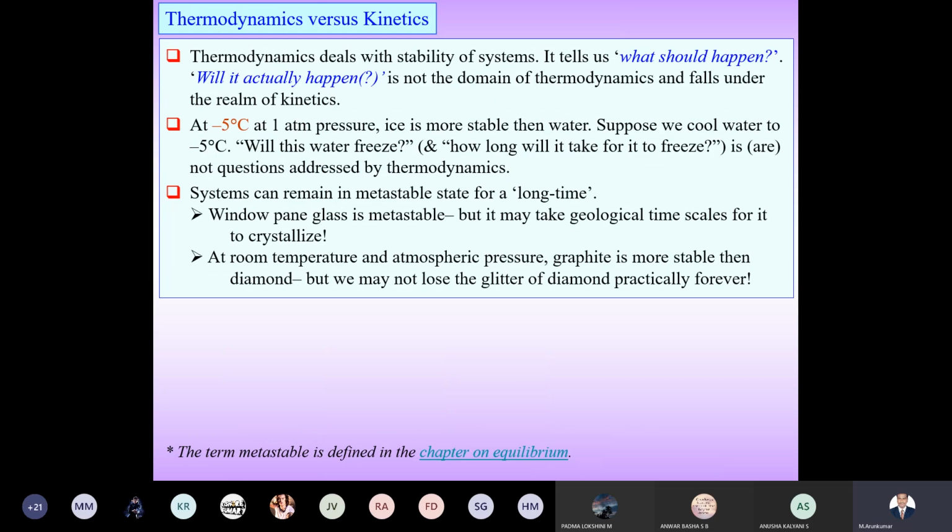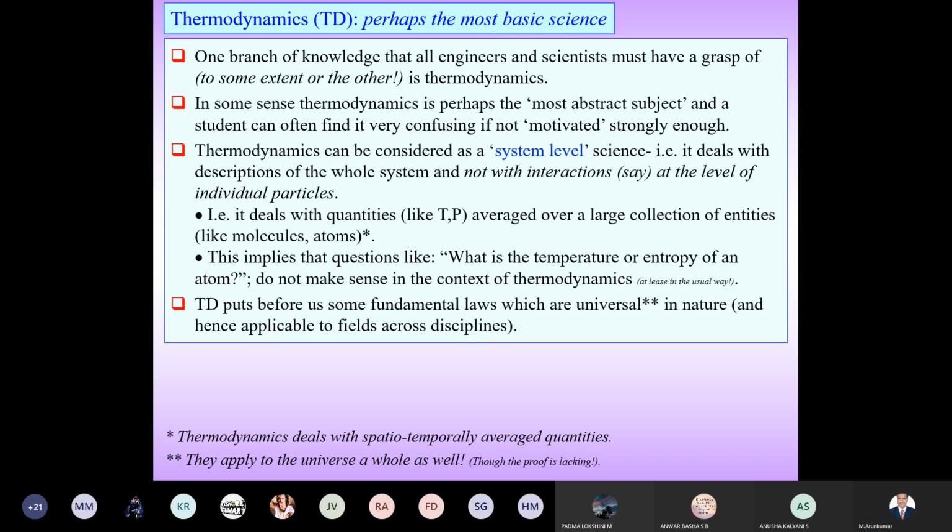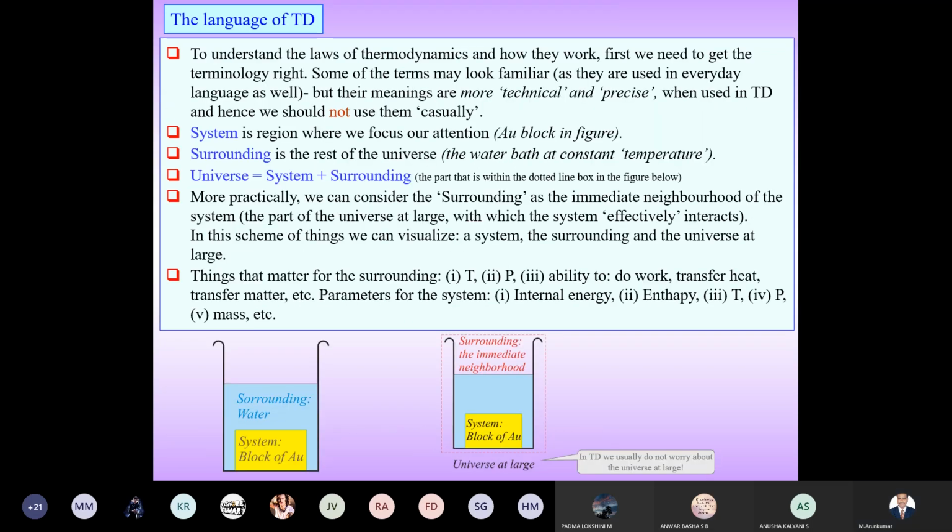So what is thermodynamics versus kinetics? Thermodynamics is one branch of science. In the basics, we want to know what is system, what is surrounding, and what is universe. The system is the region where we focus our attention.